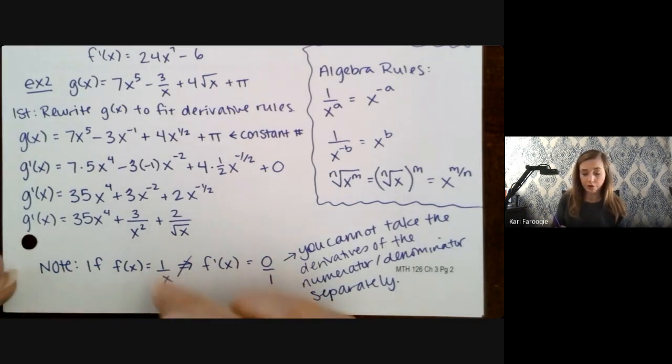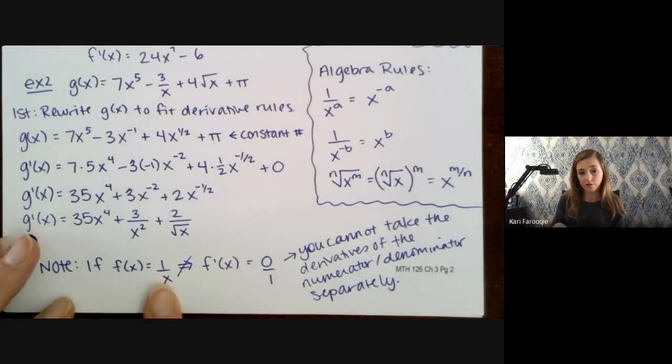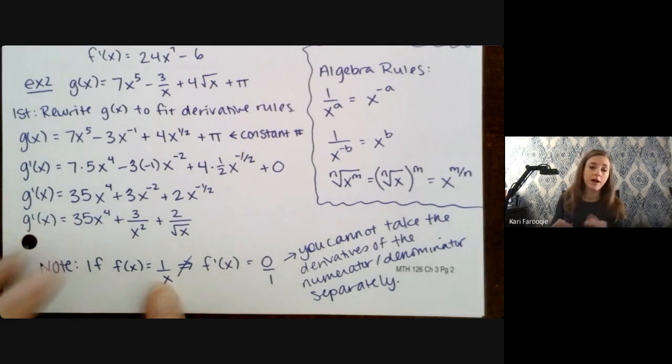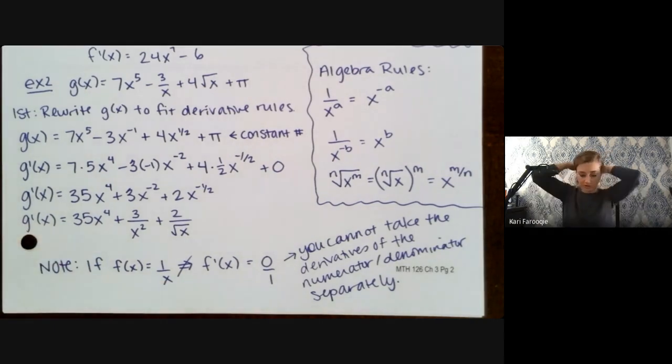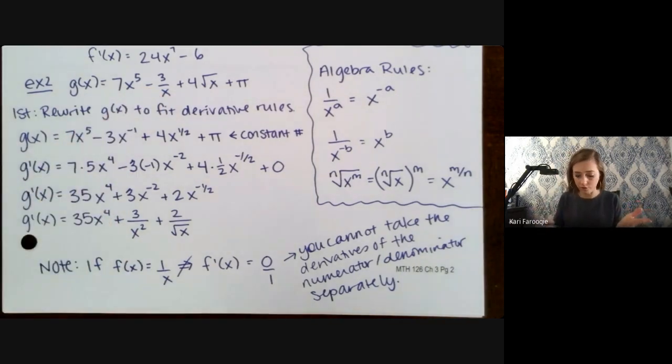And for that rule, you're going to have a special formula that you're going to learn in order to take a derivative of something like this if you don't rewrite it. Not every quotient can be rewritten to use a rule from 3.1. But 1 over x can. So we rewrote 1 over x, or it was 3 over x when we had it, as x to the negative first. So you're going to have to rewrite it to fit a rule.